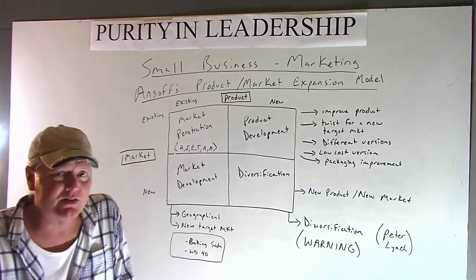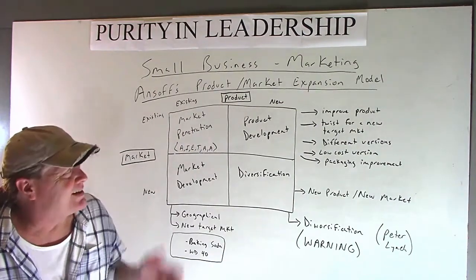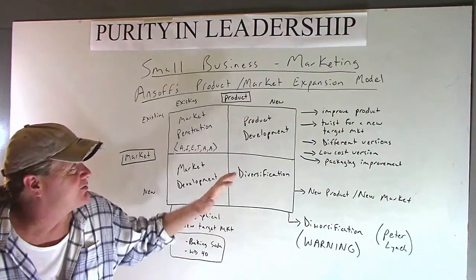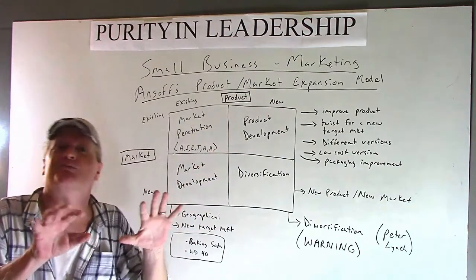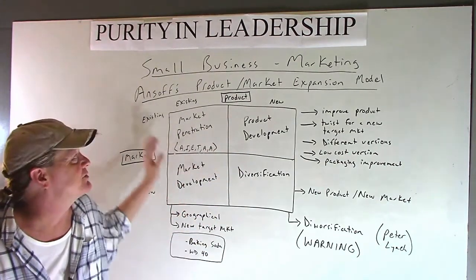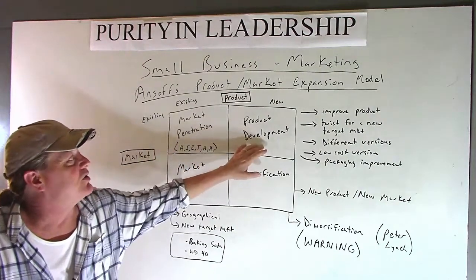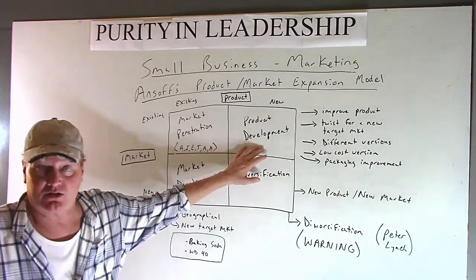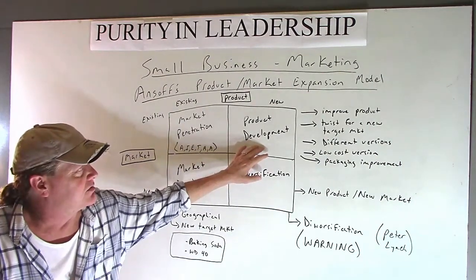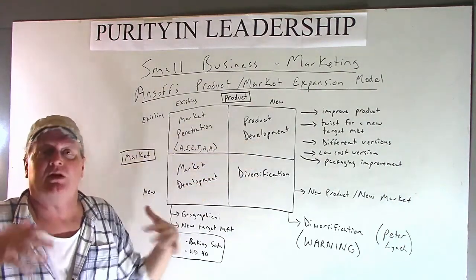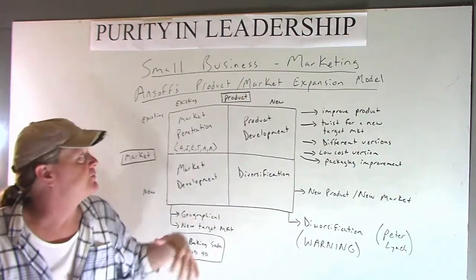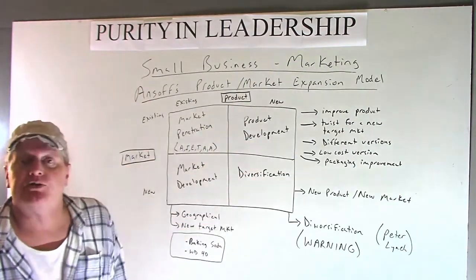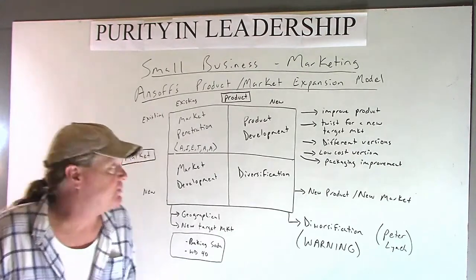We might tweak it a little bit, kind of for a new target market, or maybe just for a subset of the market segment that we're hitting. We could do a low-cost version. We could change the size. You see that at Costco and whatnot. Generally for the same purpose, same people, but a different size. And we could improve packaging maybe to make it more appealing to the same people.